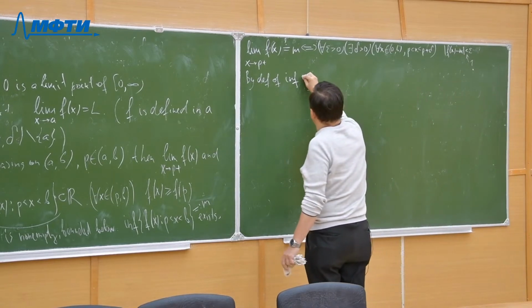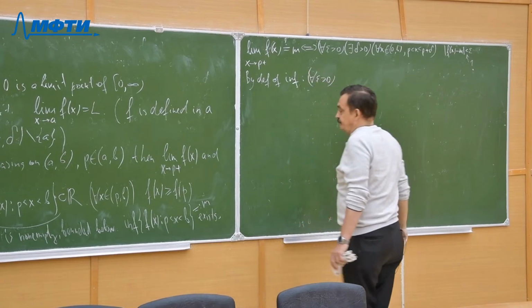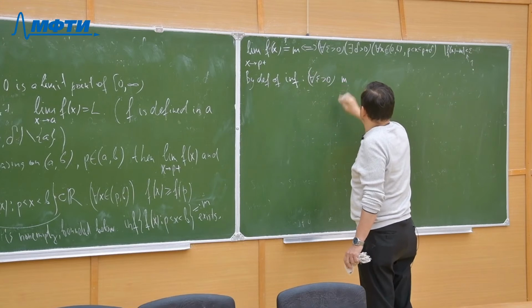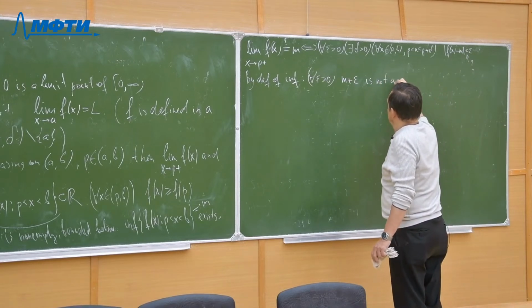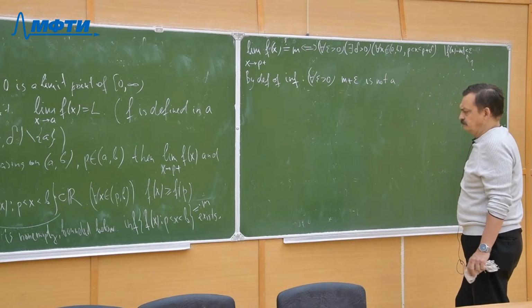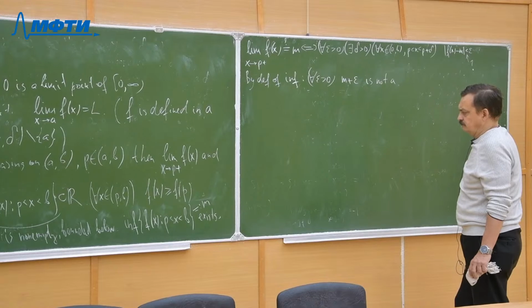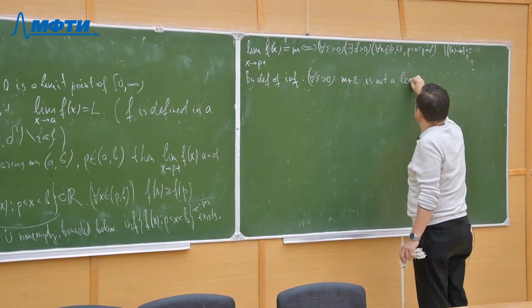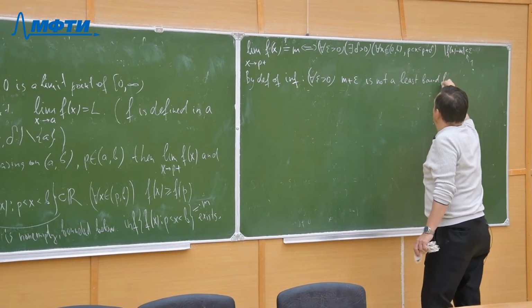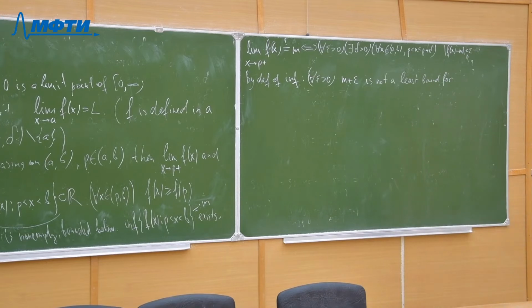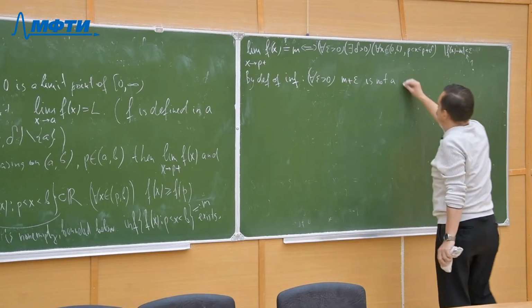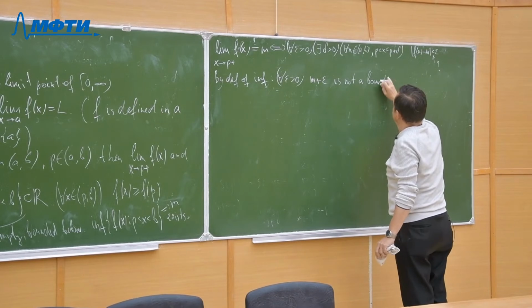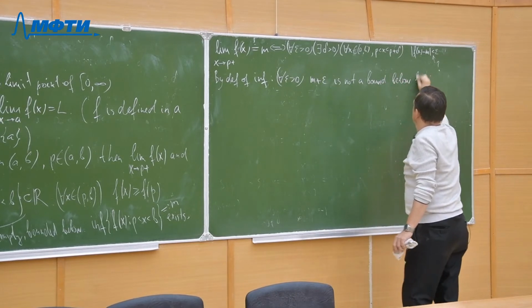It means that for arbitrary epsilon greater than 0, M plus epsilon is not a lower bound for our set.